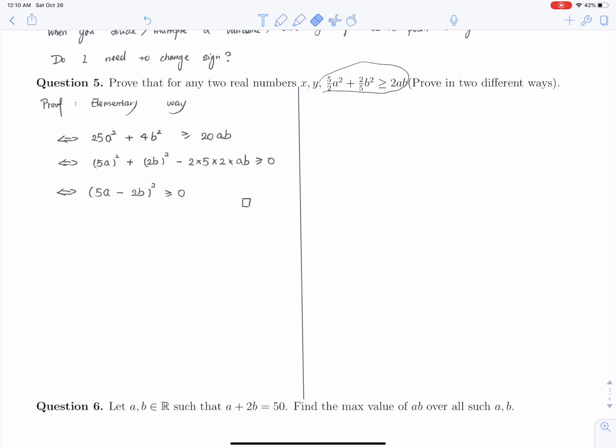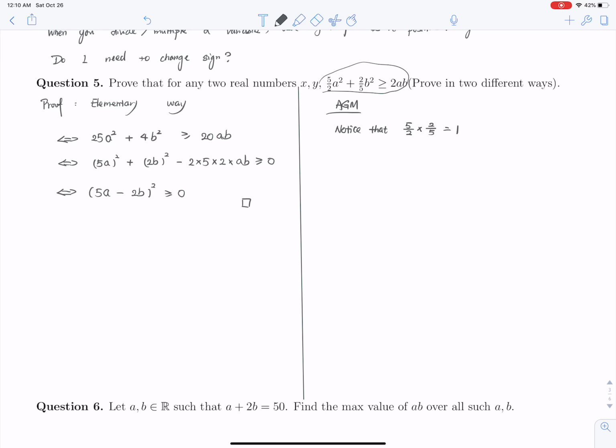The other way is AGM, okay? So I noticed that 5 over 2 times 2 over 5 is actually 1.